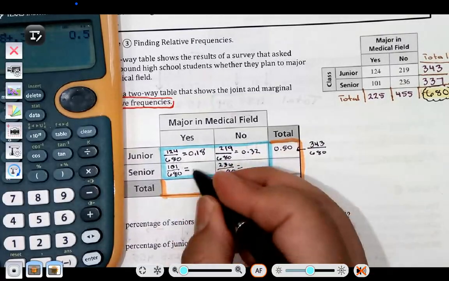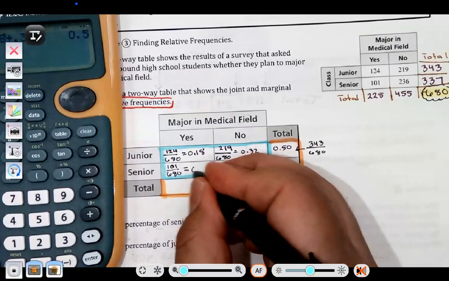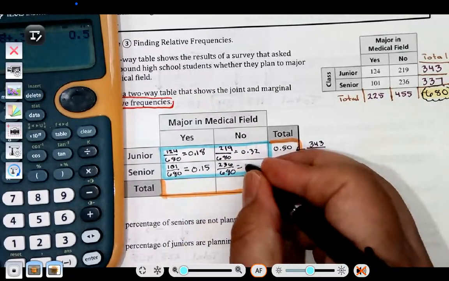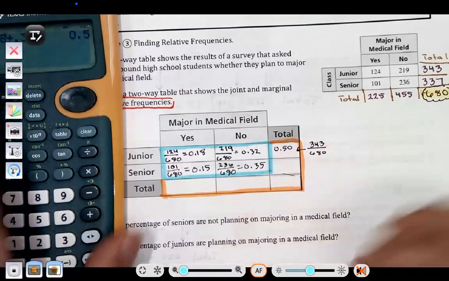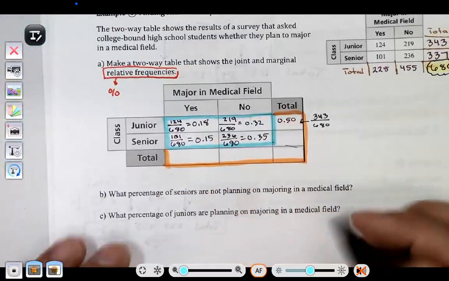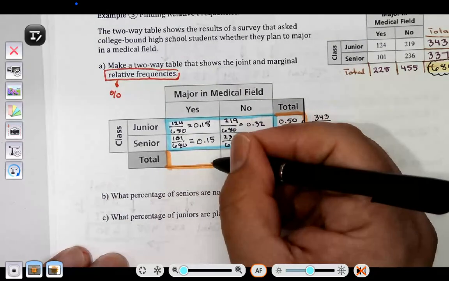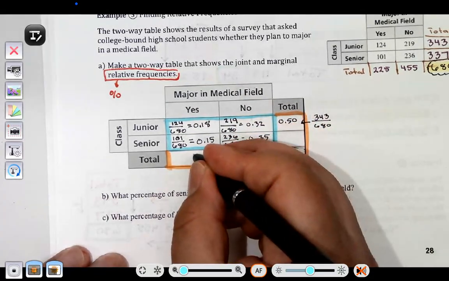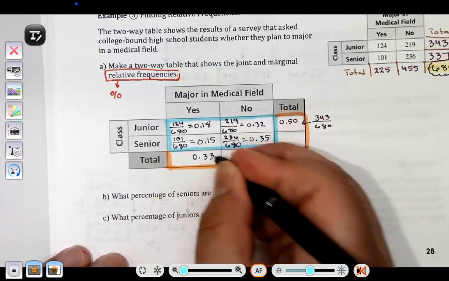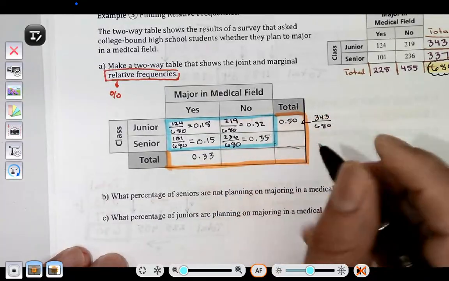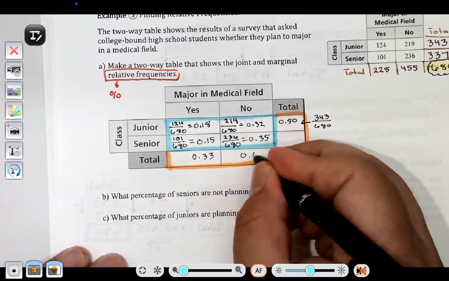Anybody have this one for me here? 0.15. All right, what about this one? 0.35. All right, bless you. So then look, if you have these 4, we'll just start adding, right? Straight down. This is going to be 0.33 for this one. If you add straight down, this is 0.67.